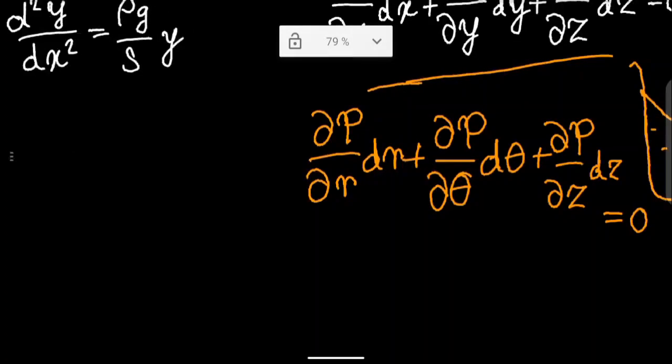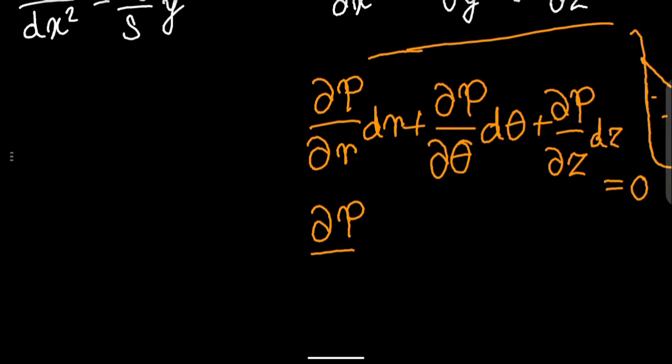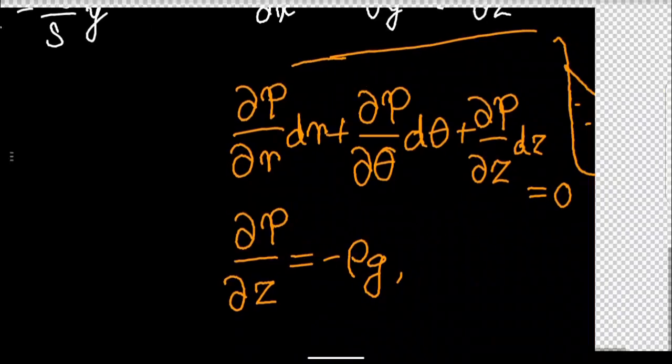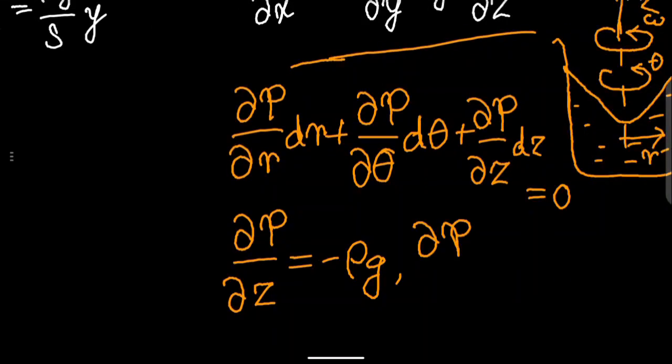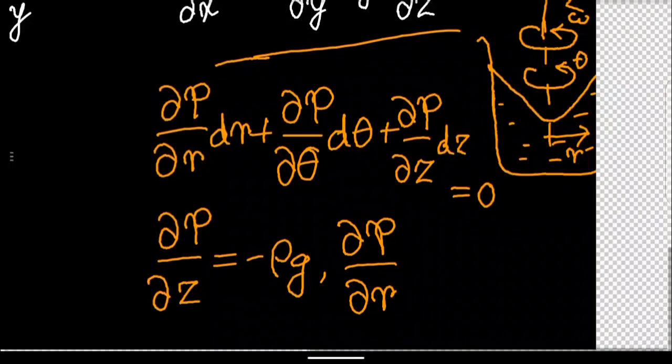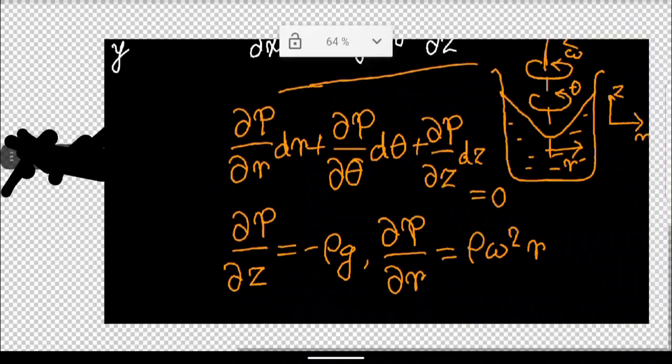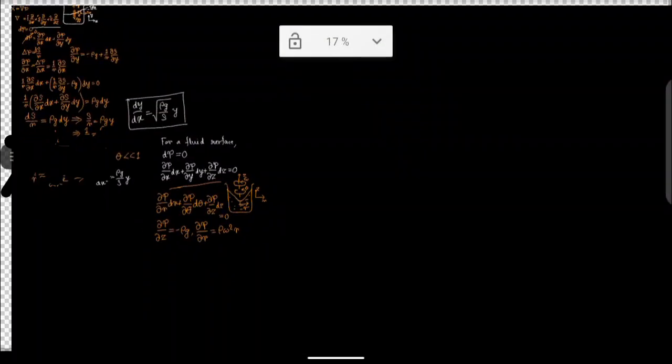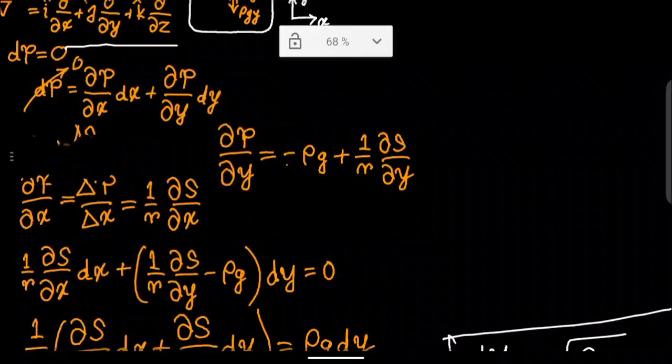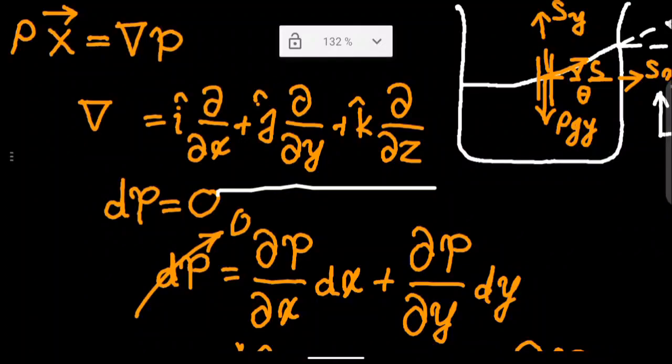In cylindrical coordinates, we get del p/del z equal to minus rho g instead of del p/del y, and del p/del r equal to rho omega square r. If you forgot where this came from, let me take you back to the first thing we wrote on this page.